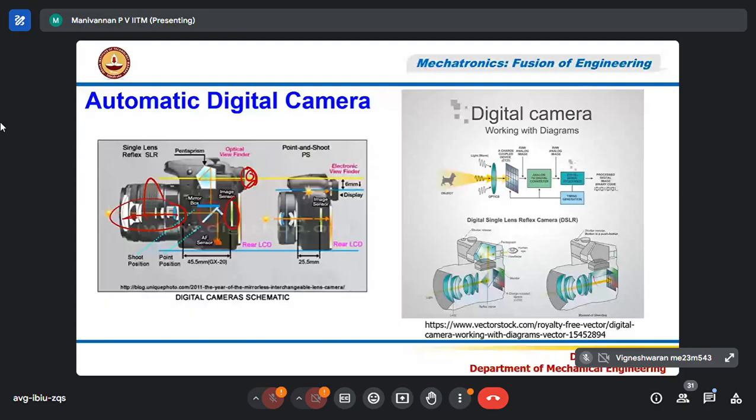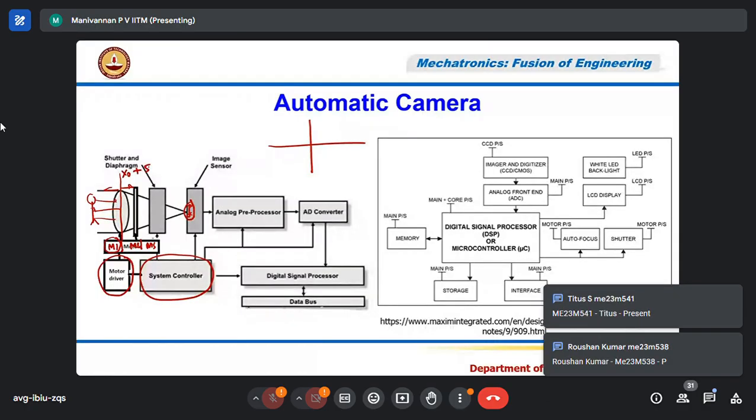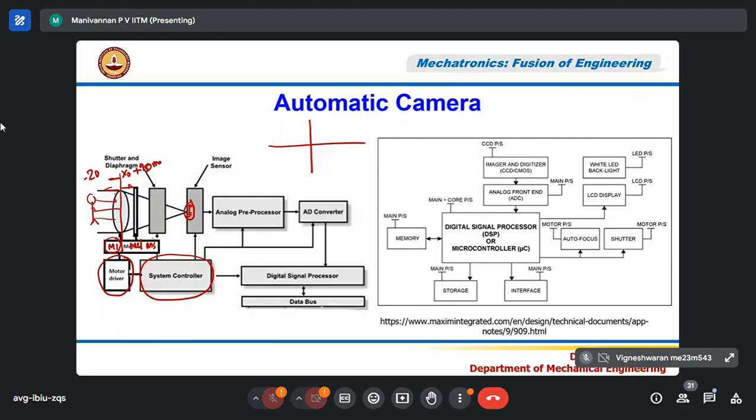How does it know? If this is the current location X0, the lens will be moved plus or minus, say 10 mm or 20 mm, on both sides from the current location by the M1 motor. As it moves, if the image is out of focus, the signal received by the sensor will be weak.